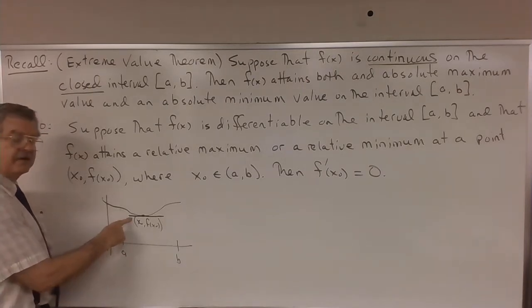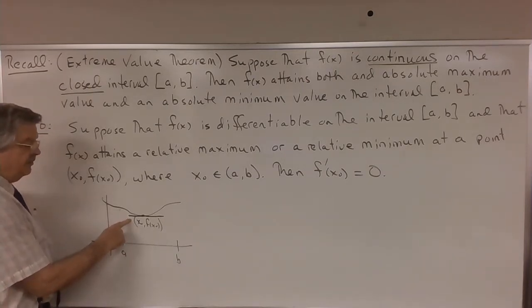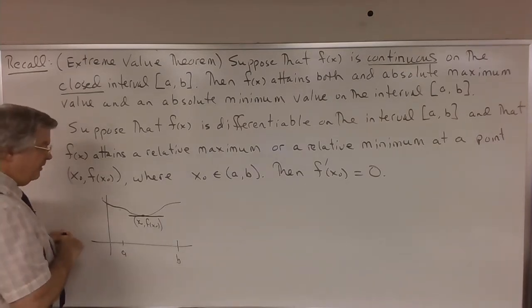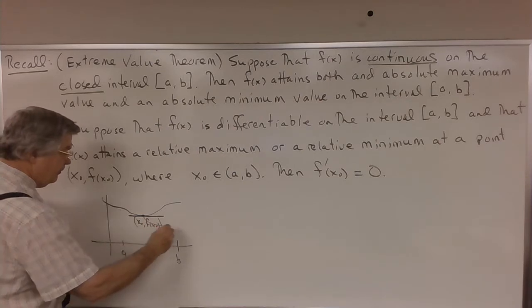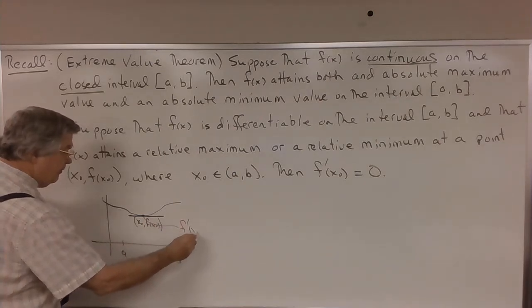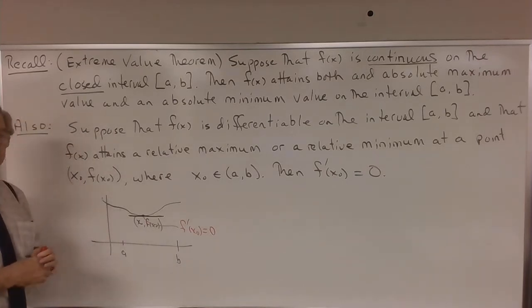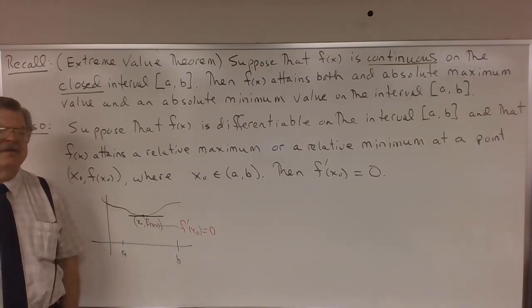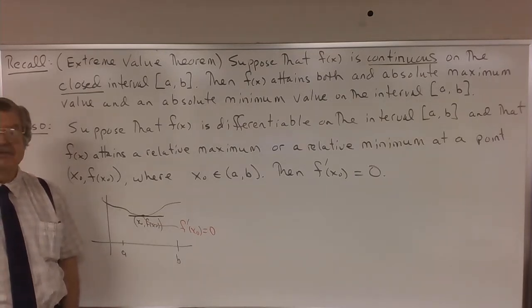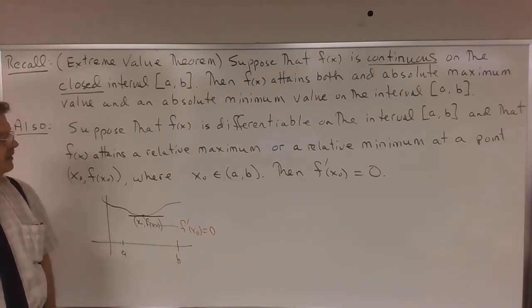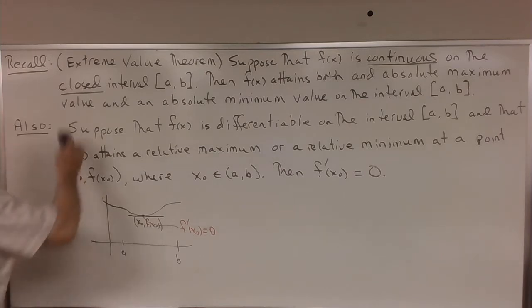Notice we have the horizontal tangent here, so the derivative is equal to 0 at this point. So these two results we want to keep in mind because we're going to be using them on the first couple of theorems that we prove today. So let's get on with it.